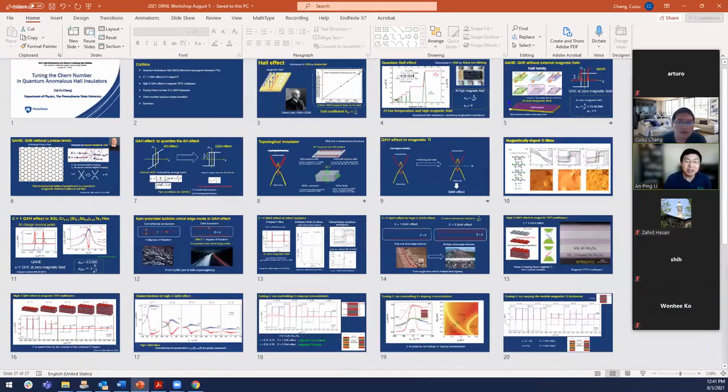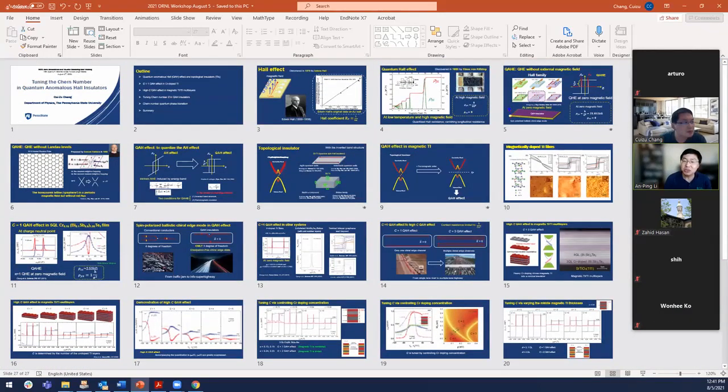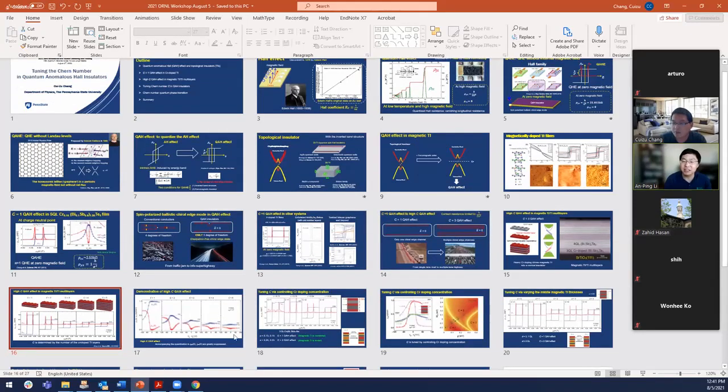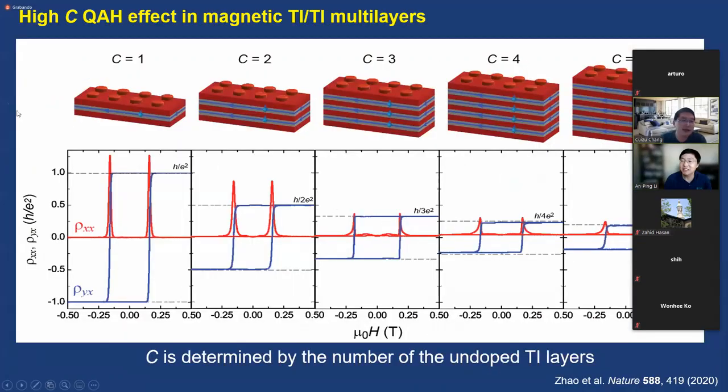Here, when you add more channels to the edge, do you need to consider the correlation effect, the electronic interactions over there? Yes, this is a good question. That's actually also the reason we systematically change the thickness of the middle layers.